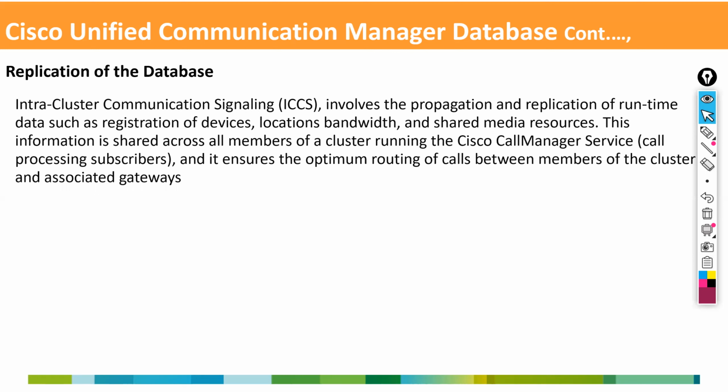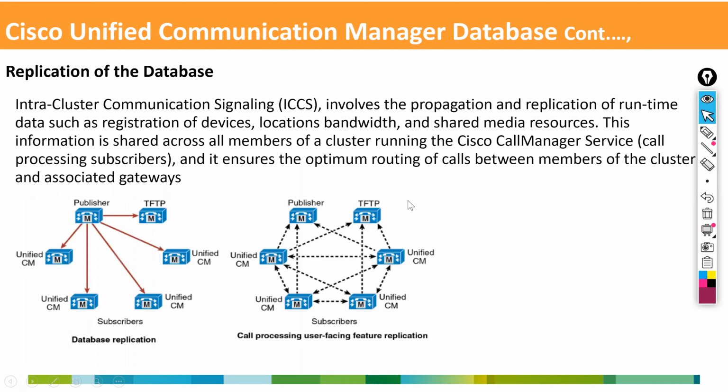Every protocol uses a port number. The port number of ICCS is 8002 to 8004, meaning it uses three port numbers: 8002, 8003, 8004. That's how publisher replication happens.